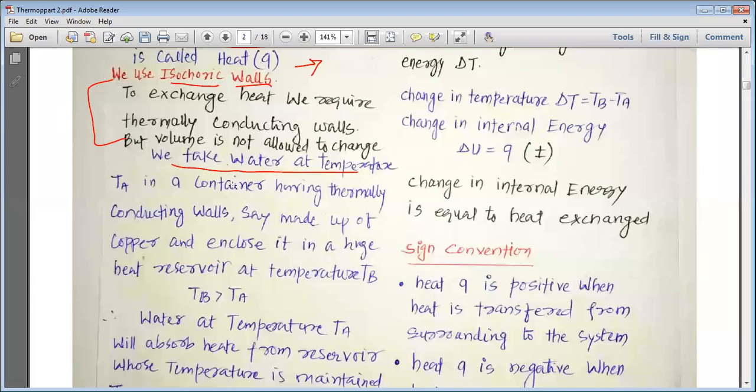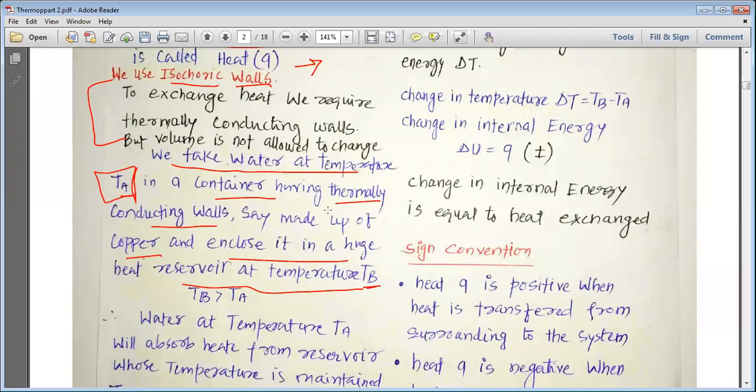We take water at a temperature TA in a container having thermally conducting walls, say made up of copper, and enclose it in a huge heat reservoir at a temperature TB. To understand the heat exchange, we take water at temperature TA in a container.